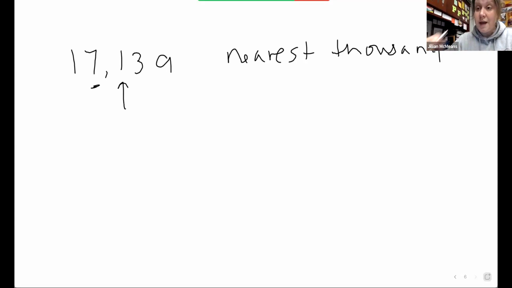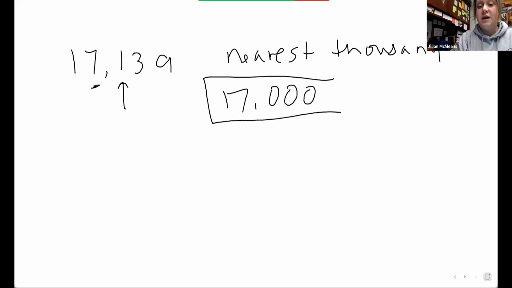If that digit is less than 5, I round down. The way we round down is we don't do anything to the rounding digit at all. So we would leave the 7 alone, and then everything after that would become zeros. That tells me if I'm rounding to the thousands place, 17,139 is closer to 17,000 than it is to 18,000.